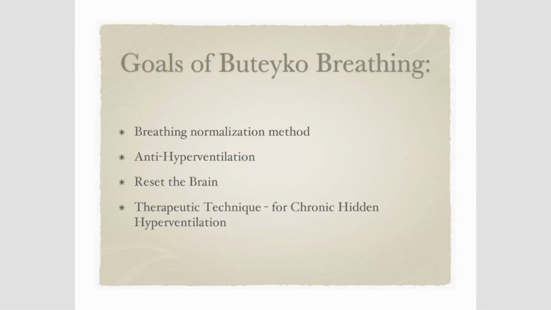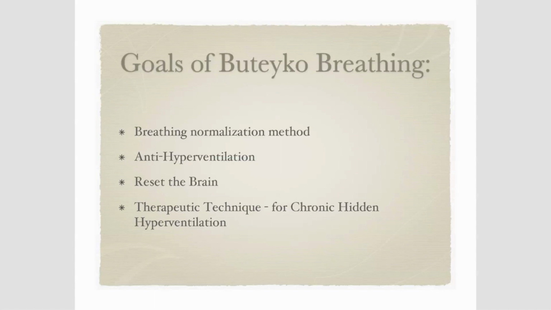Now, the interesting part is that it's not just for respiratory conditions, right? It's not just for asthma or sleep apnea. When we hyperventilate, we throw off the metabolic processes in the body. And so every system in the body can be affected.